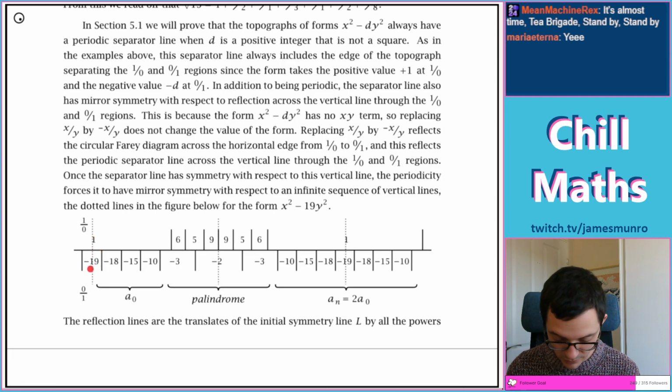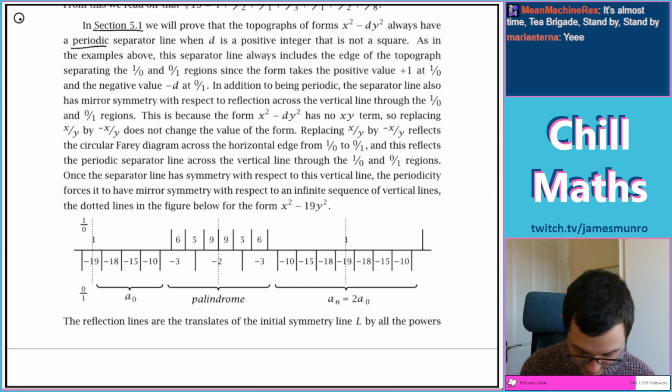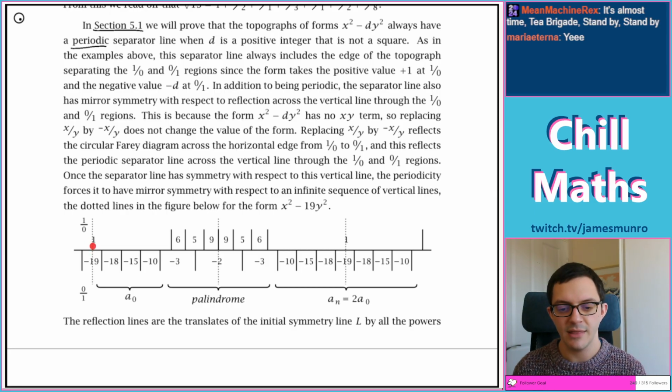We need to understand why it's periodic. That's in section 5.1. But then the reflection here is to say, on the right you're plugging in positive numbers, and on the left you're plugging in negative numbers, but who cares? You were just going to square those things anyway. So left and right have the same things going on. And then because it's periodic, you get this palindromic stuff going on.